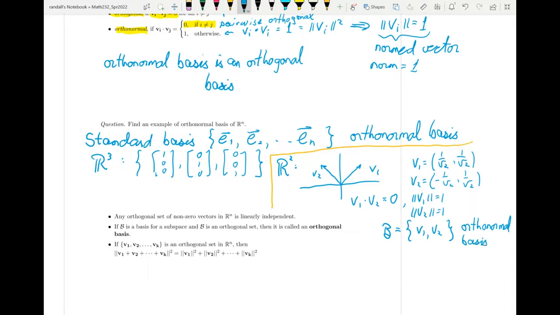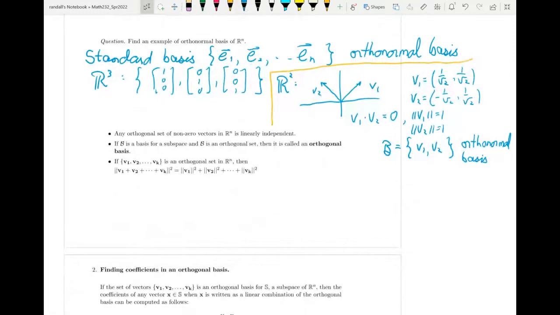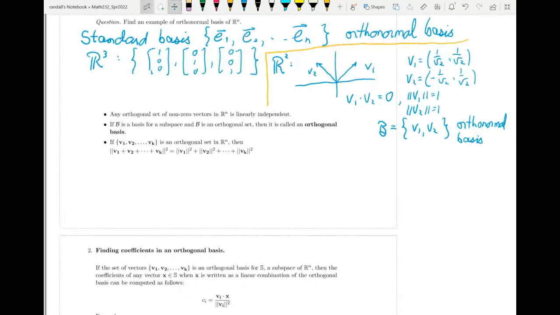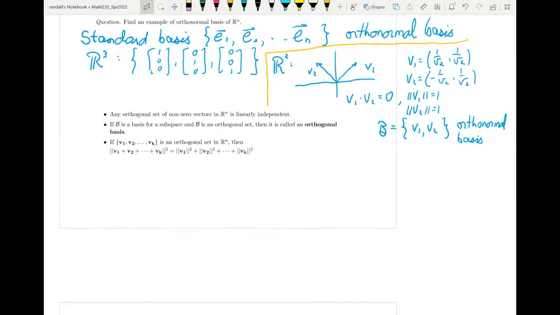Okay. So there are many consequences of having an orthogonal or an orthonormal basis. They're both very efficient computationally. So for example, here, orthogonality implies linear independence. Okay, so let's go through this list.